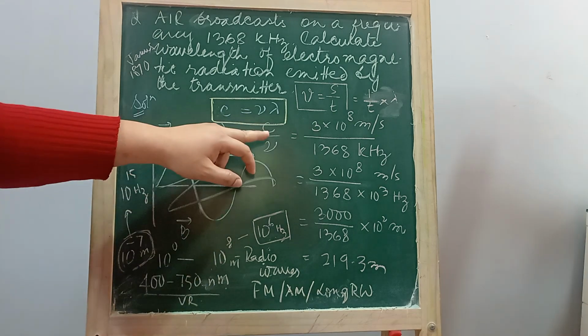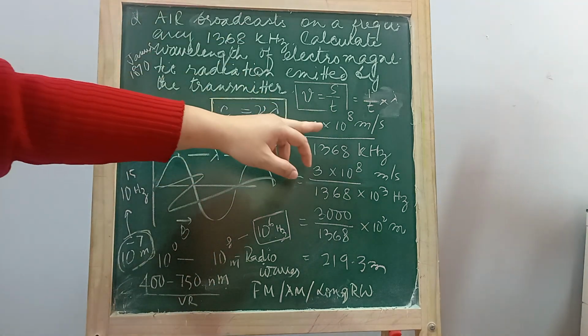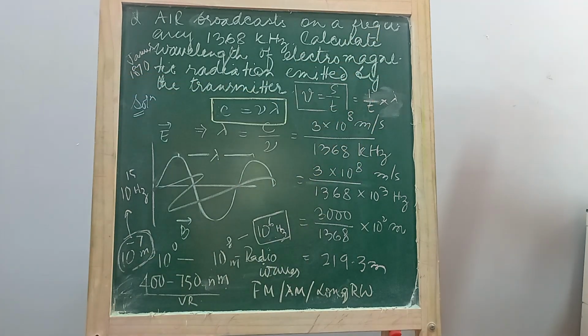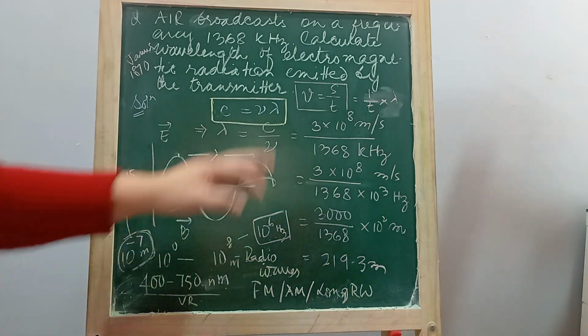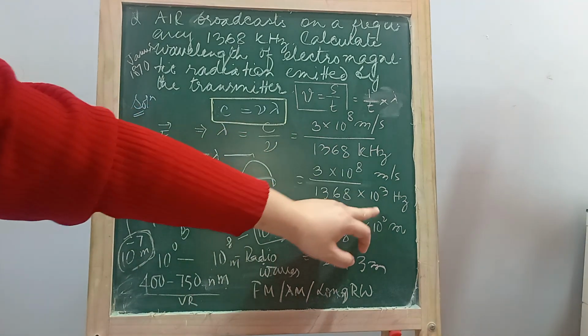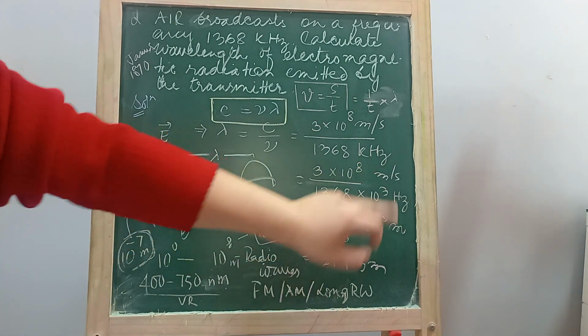So now the velocity of the light or electromagnetic radiation in vacuum is constant, 3 into 10 to the power 8 meter per second. This many meters in 1 second. This is the speed, and it is constant if it is in a vacuum. Divided by frequency, which is 1368 kilohertz. Kilo means 10 to the power 3, right? So if you simplify 10 to the power 8 and 10 to the power 3, it will become 10 to the power 5.